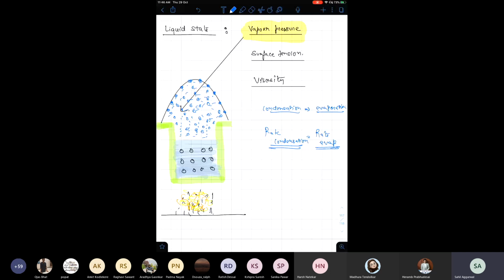Under this condition, pressure exerted by the vapors of liquid on the surface of liquid is called vapor pressure.